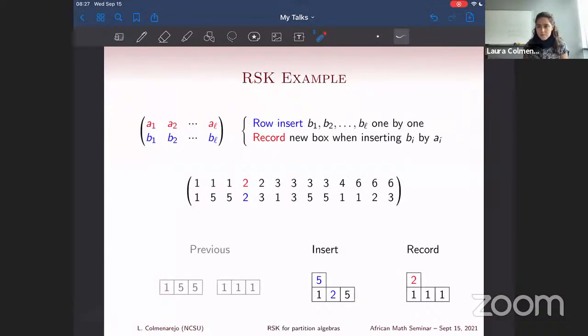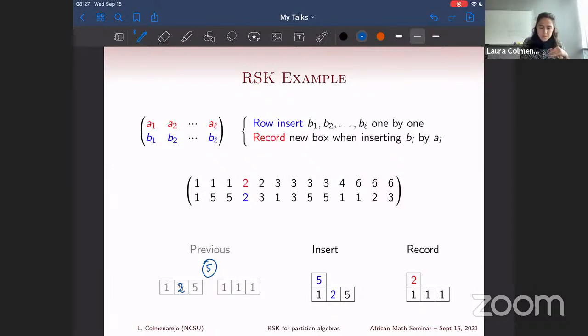Now we get to a conflict, because now I want to insert this 2. But if I put the 2 here, this will be a problem because I would have a 5, 2. So what I'm going to do is put the 2 here, and this is bumping the 5. So the 5 is now outside, and now I have to insert it. But because I already inserted something in the first row, now it's going to go to the second row.